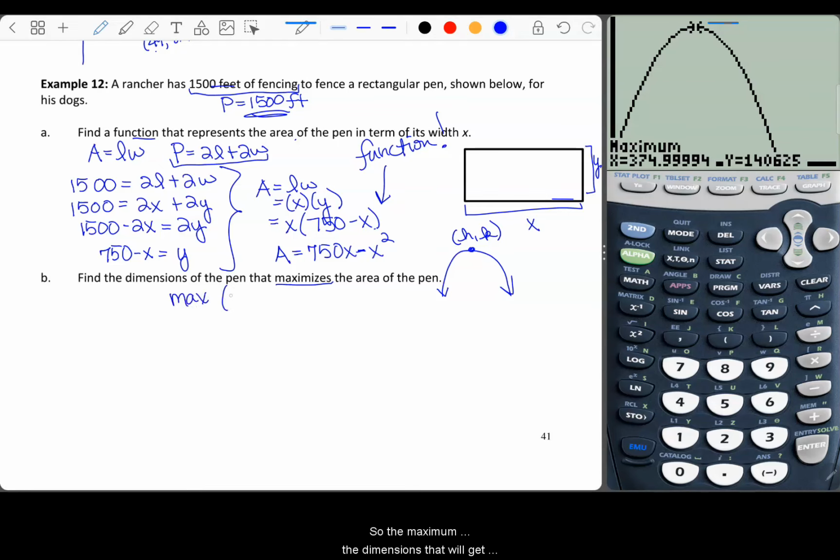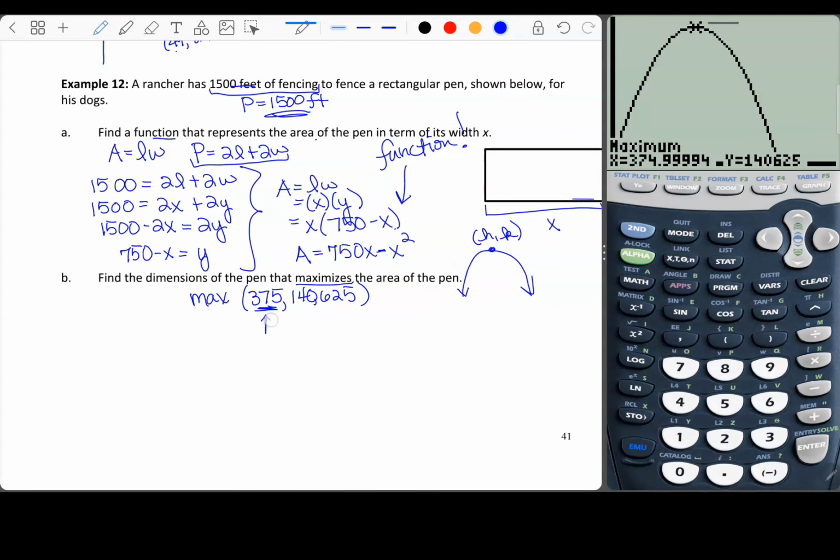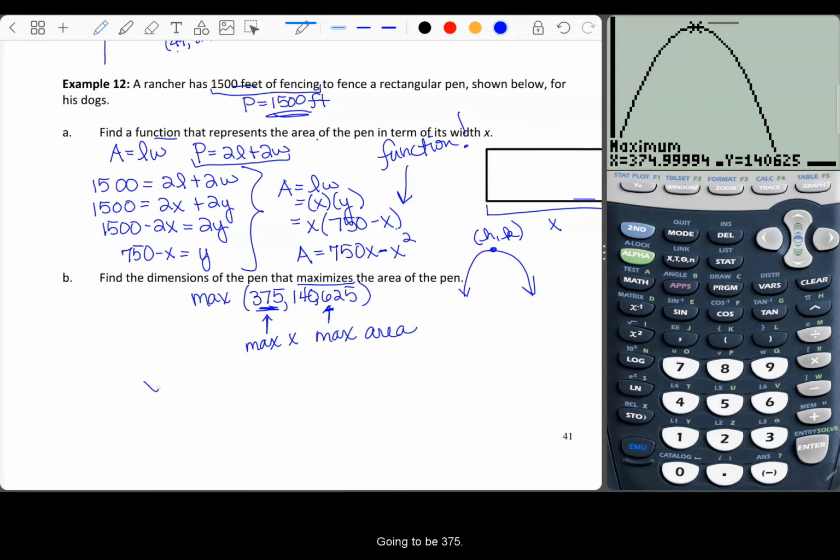So the dimensions that will give us the maximum area have an X value of 375, and the maximum area, by the way, is 140,625 square feet. The maximum X value is 375 feet, and then the maximum Y value is 375 feet as well.